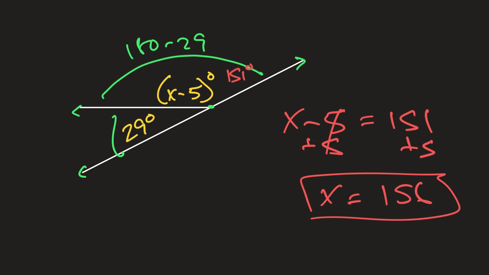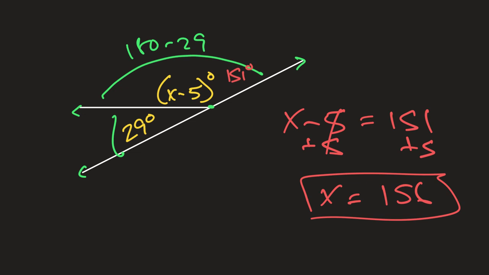Guys, one thing you start learning about some of this stuff is we equate solving an equation with the answer. We know that that angle measure is 151 degrees. Well, x is equal to 156. So a lot of times, just because you solve for a variable, that may not be the answer they're looking for.